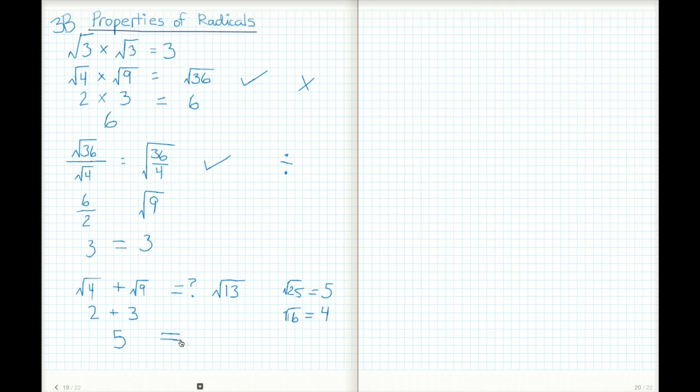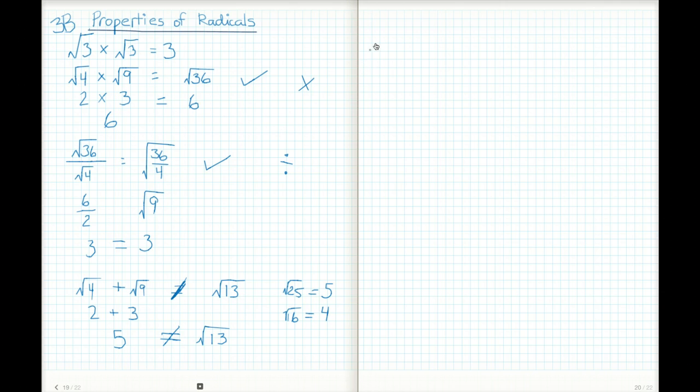So definitely 5 is not equal to whatever the square root of 13 is going to be. So in this case, this does not work. Watch out for that one. It's very tempting to want to add radicals together. When we look at adding radicals, we're going to have to remember that I can't just add the numbers under the radical sign, even though I can do it with multiplication.